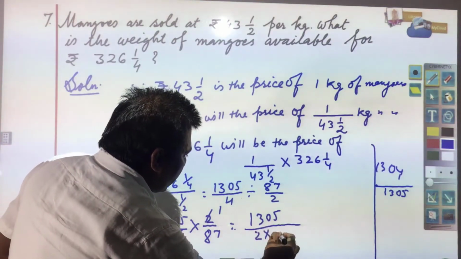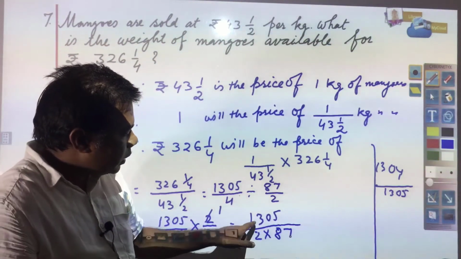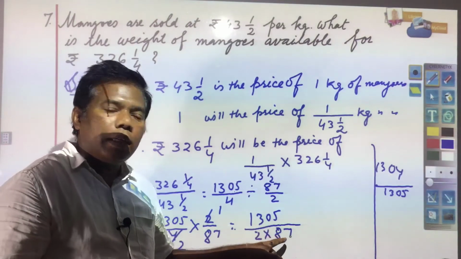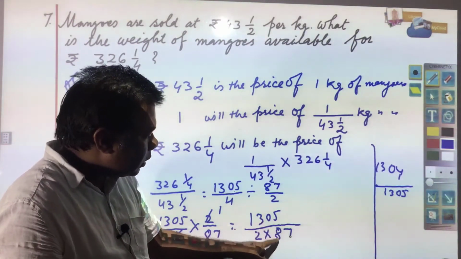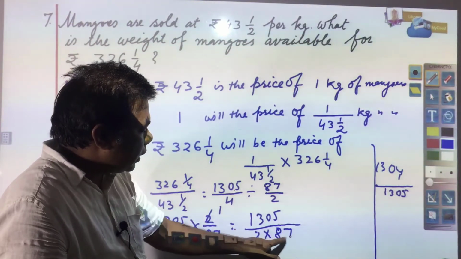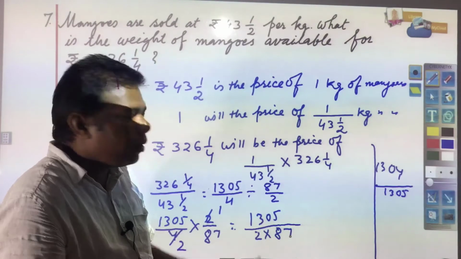into 87. What you need to do? If this 1305 is divisible by 87 or can be cancelled, you try to cancel this, and if not, simply multiply 87 and 2 and divide 1305.